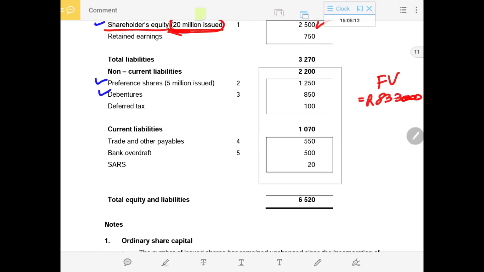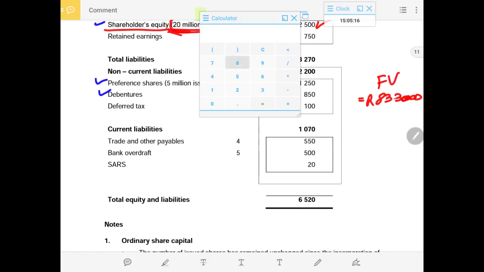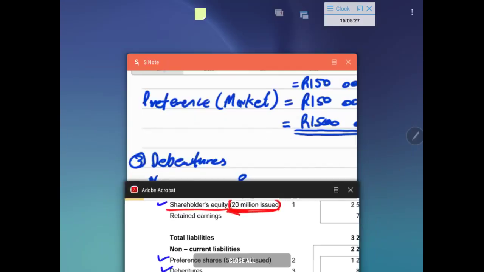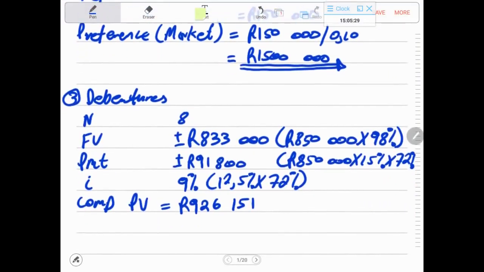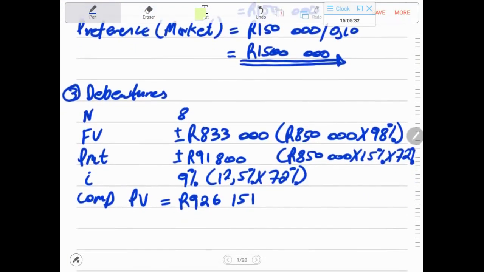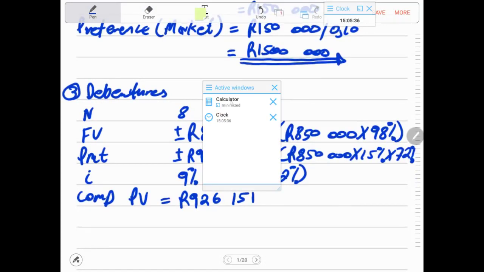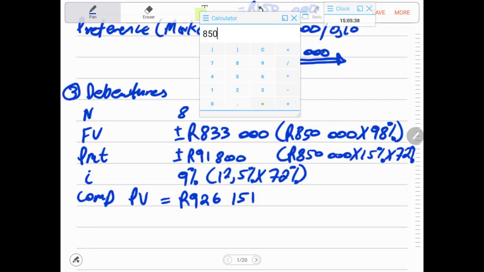I just want to confirm everything to be accurate. 850 million times 0.15, okay, because I use the smaller figures. So meaning I have 850 million times this by 0.98.